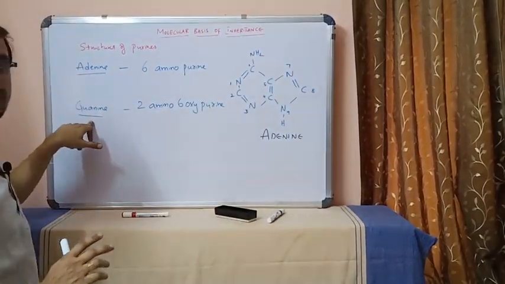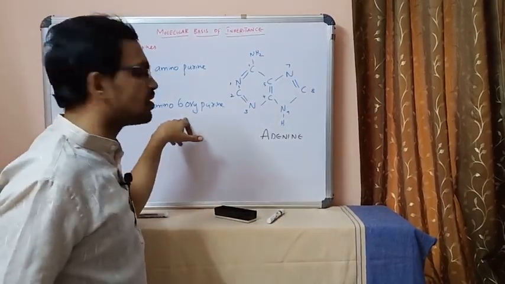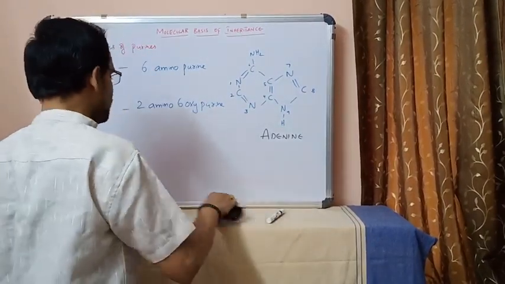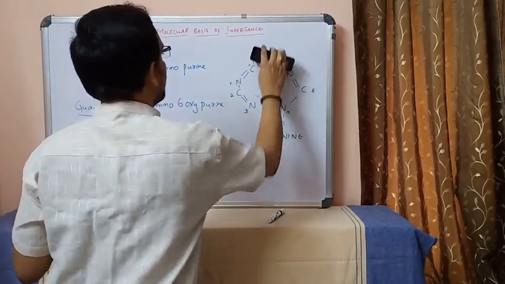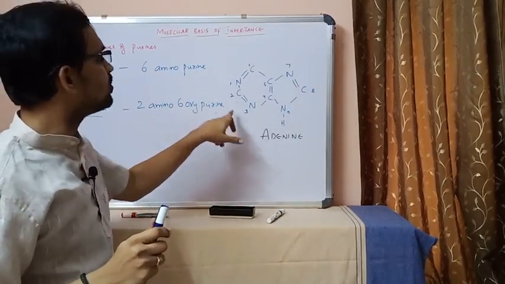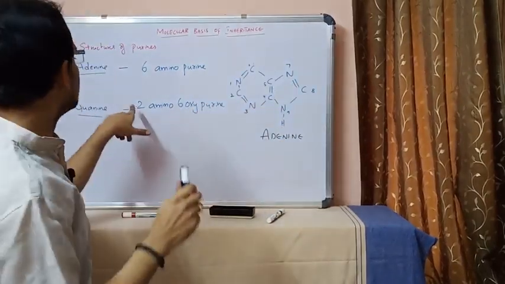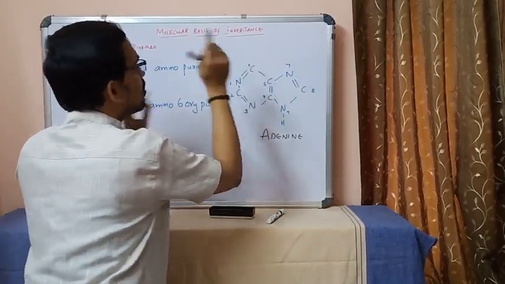So now coming to guanine, what is the chemical name of guanine? 2-amino 6-oxypurine. So now the structure of guanine, 2-amino 6-oxypurine. This is the general structure of the purine. At the second position, an amino group should be there. At the sixth position, oxygen should be there.